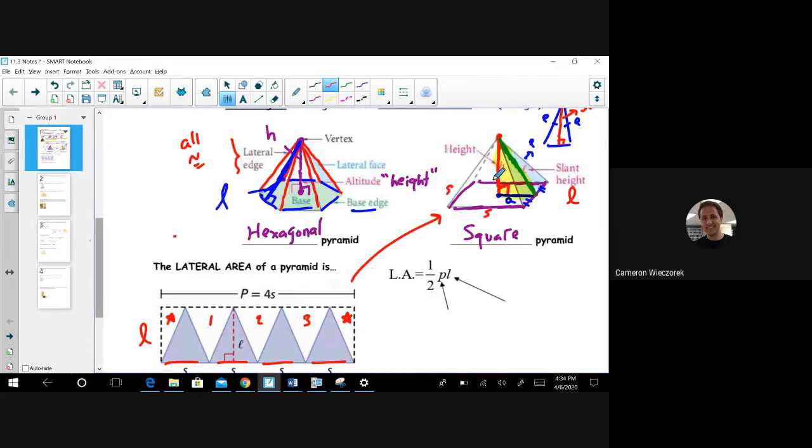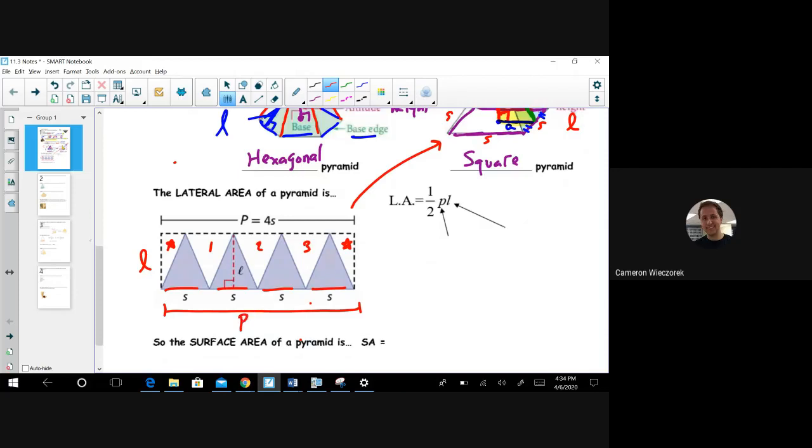S plus S plus S plus S is just the perimeter. So I'm going to call this bottom P for perimeter of the base. And then I'm multiplying it by the height since it's a rectangle. The area of all of this space inside is P times L, base times height. But that covers everything inside here, all of this yellow space.